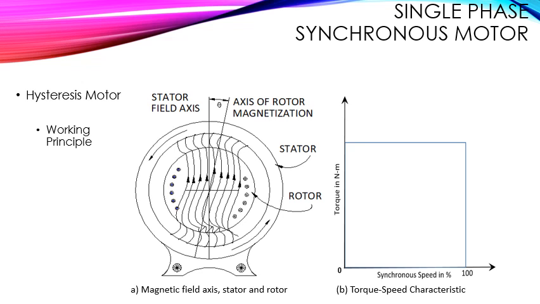Hence, hysteresis torque is constant at all speeds of the rotor, as shown in figure B. From figure B it is clear that the torque in Newton meter is constant for whatever the value of the synchronous speed in percentage.